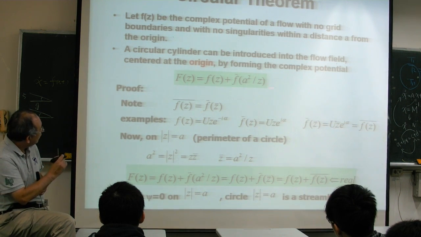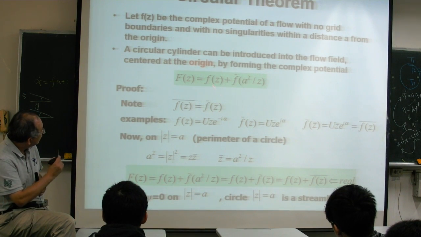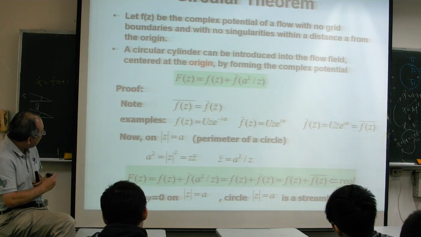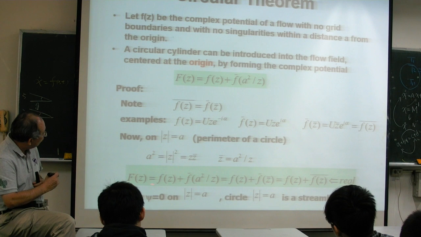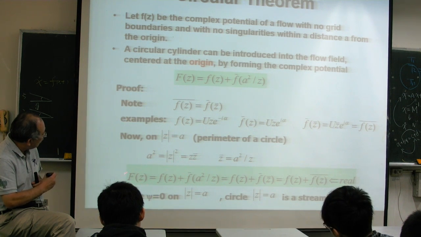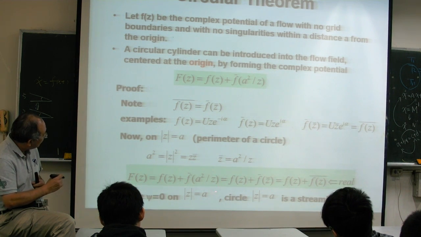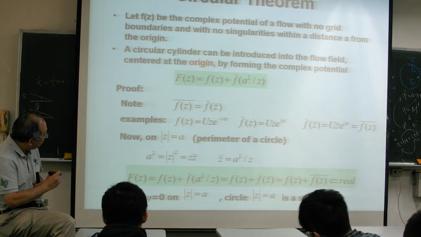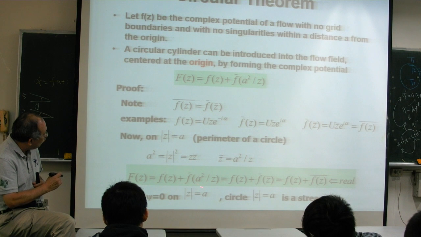Okay, so if you use this, as you can see here, this is our circle theorem. For the complex potential, if you introduce a circular cylinder into our flow field, the complex potential will look like this: f(z) plus f bar of a squared over z.